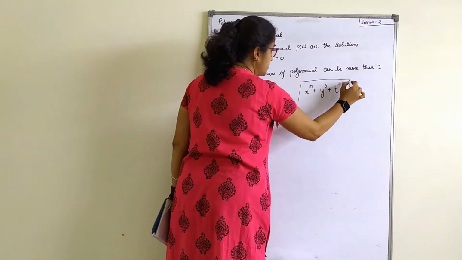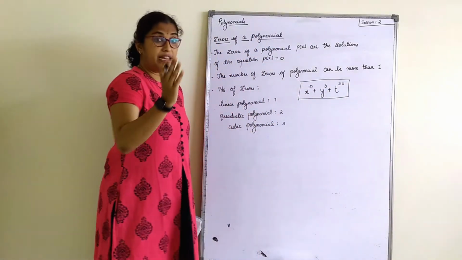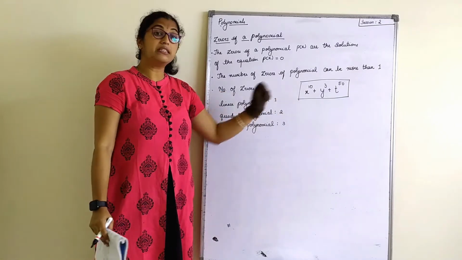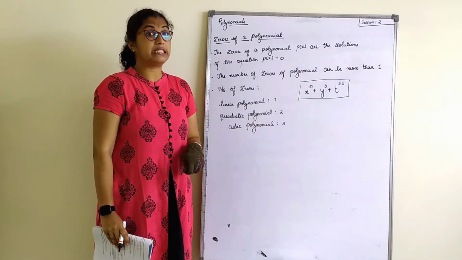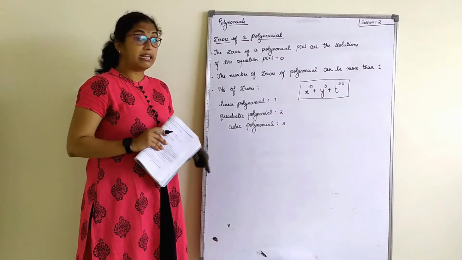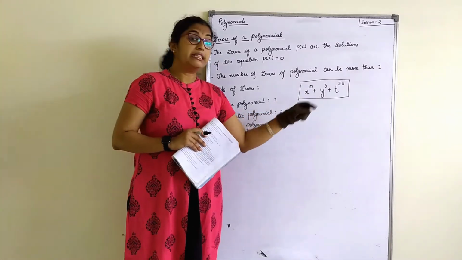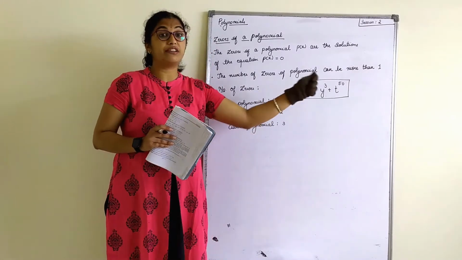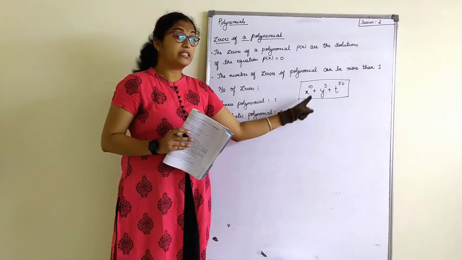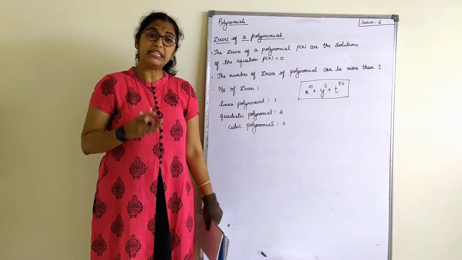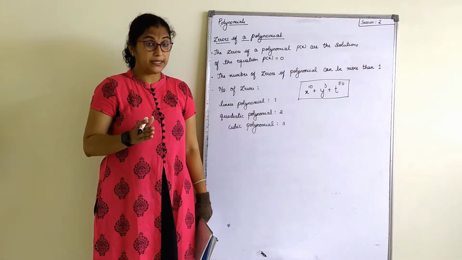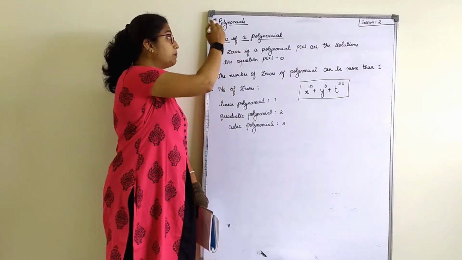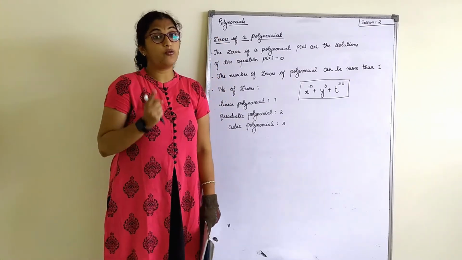Is this a polynomial? First of all, forget that we are studying polynomials in one variable. But is this a polynomial? Yes, it is a polynomial. Rather, we can also say that this is a trinomial expression with three different terms, right? So it's a trinomial, that means it is a polynomial. But in the syllabus, in this chapter, we are studying polynomials in one variable.